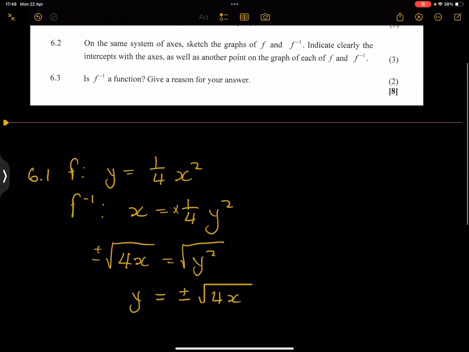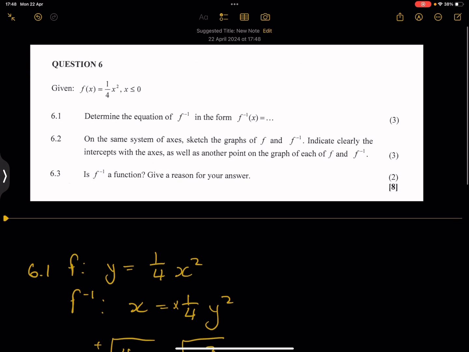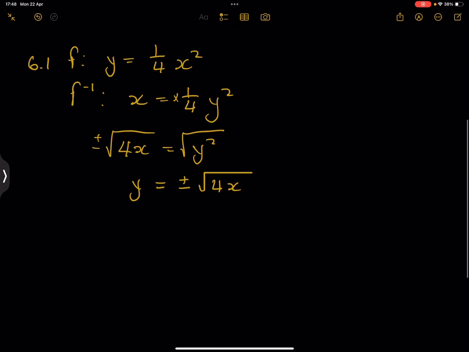But remember, we are taking only for when x is less than 0, meaning x would be on the negative side. So that means we would have y is equal to minus the square root of 4x.